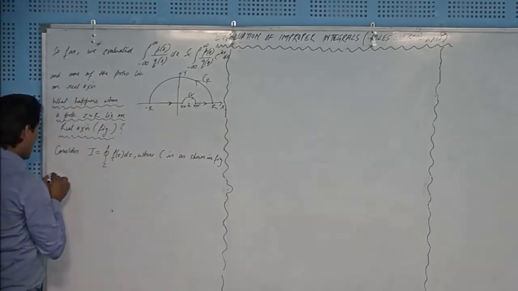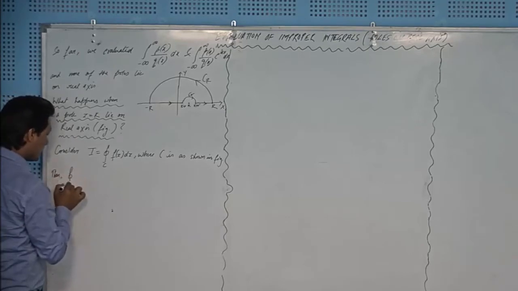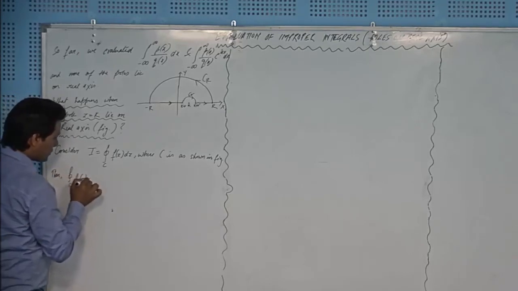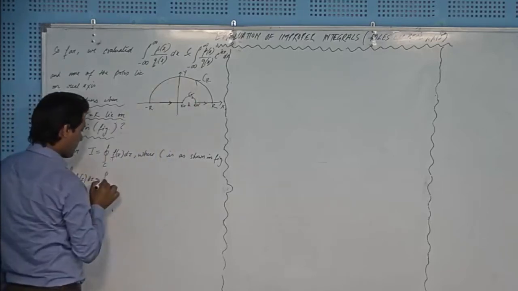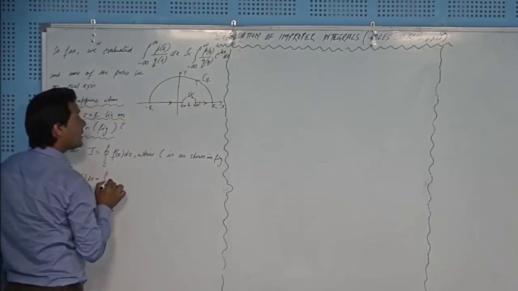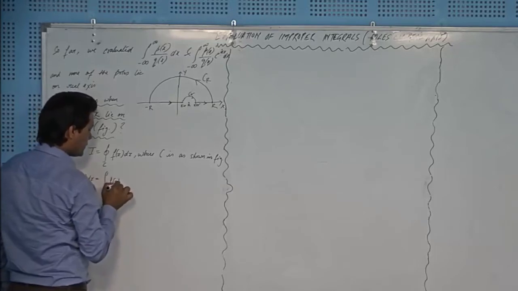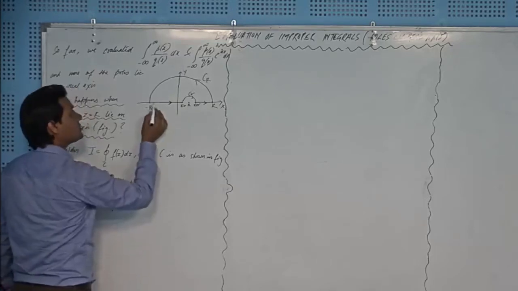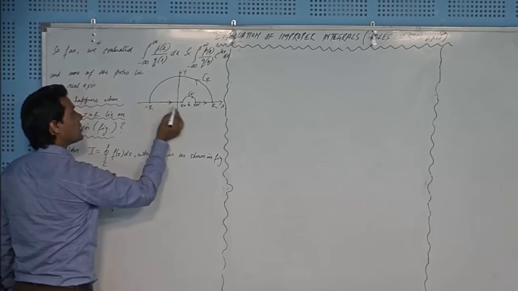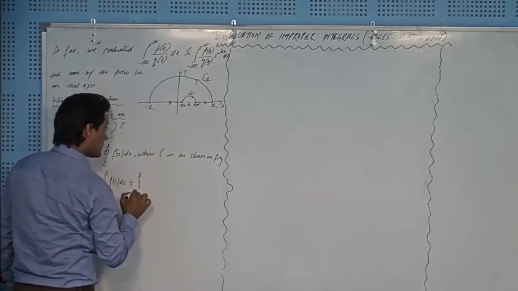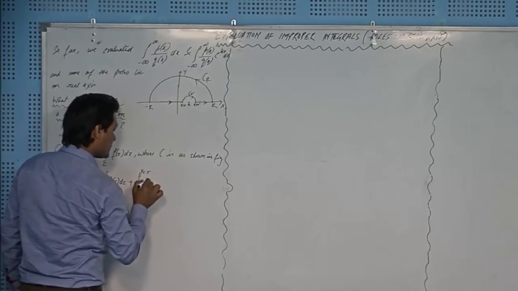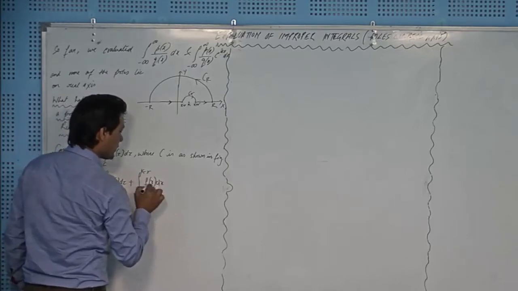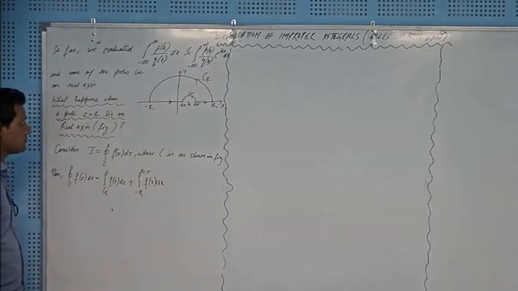Then from the figure it is clear that the complex integral is equal to the first part, the integral over C R of f z d z, then this part from minus capital R to k minus small r, which is on the real axis, so I will write f x d x.